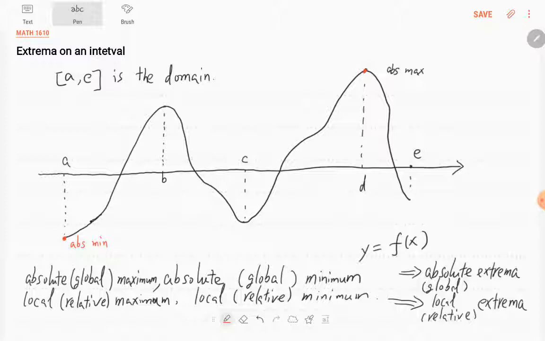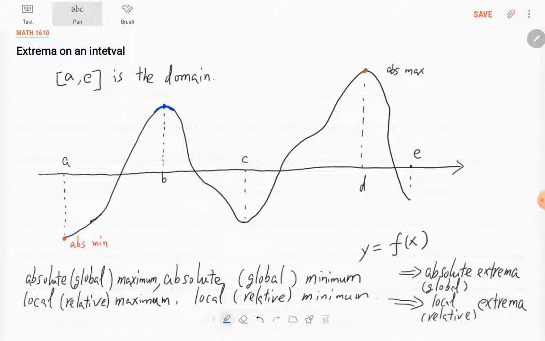Okay, so now let's look at the local extrema. What about this point? Nearby this point, let's look at this blue part. This is the highest point, which means it has the largest value.